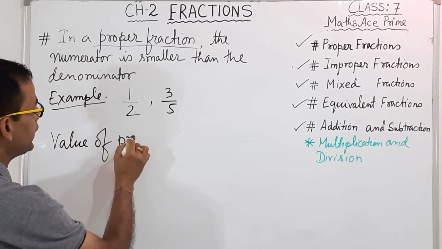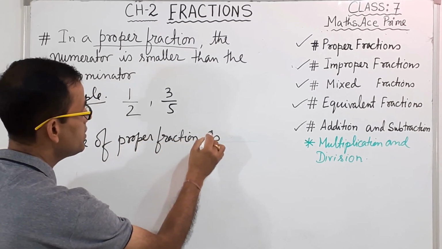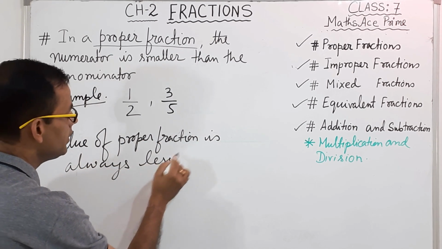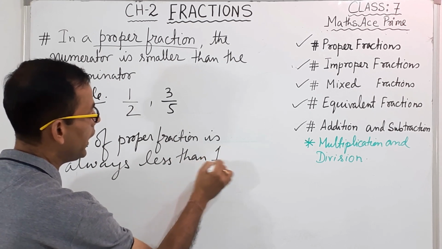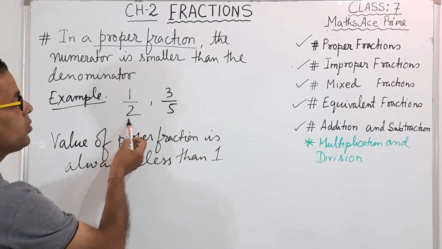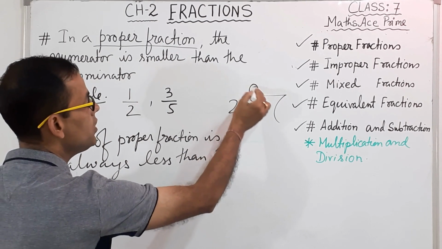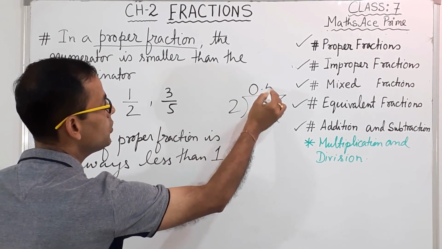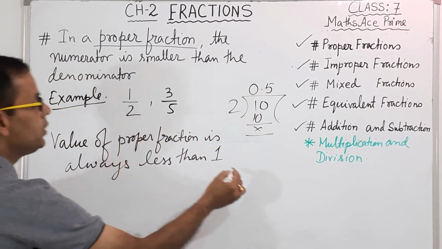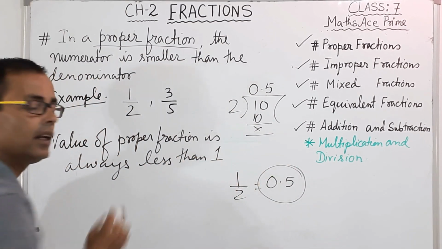the value of a proper fraction is always less than 1. How? You can see here, suppose this is 1 by 2, if you divide 1 by 2, it will not go, so 0, then you put a point, then 2 5s are 10. So 1 by 2 means actually 0.5, and 0.5 is less than 1.